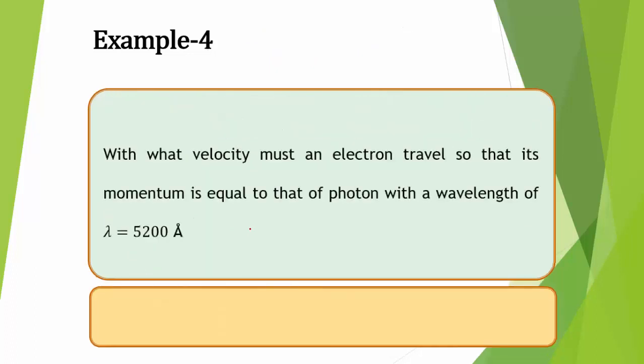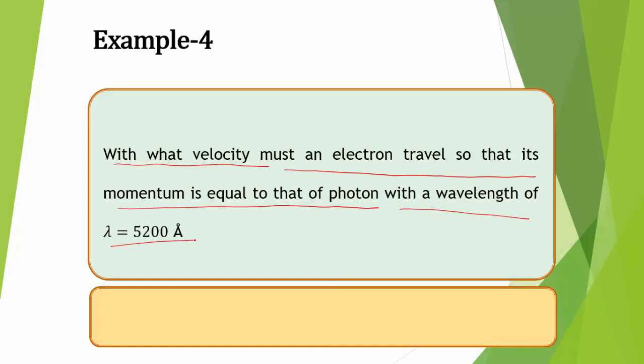And the fourth problem is, with what velocity must an electron travel so that its momentum is equal to that of a photon with a wavelength of lambda equal to 5200 angstrom?